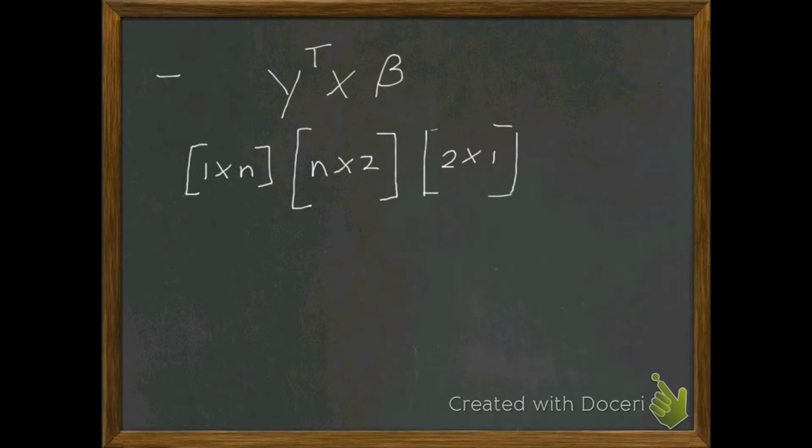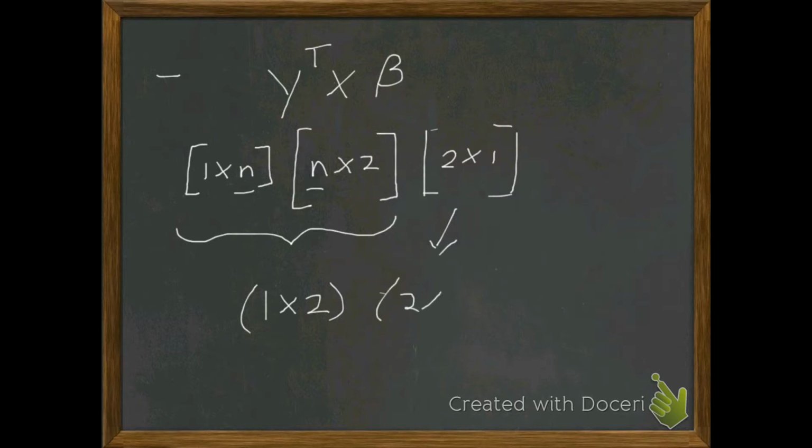Now let's examine this part right here. The product here is going to be a 1 by 2. Bringing this down, we get a 2 by 1. So ultimately, guys, what we get here is a 1 by 1 matrix.